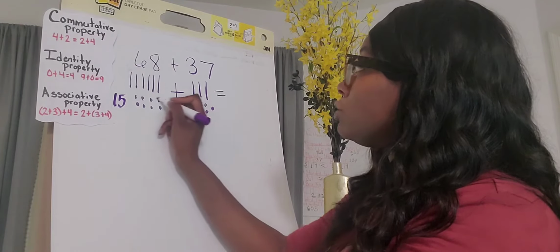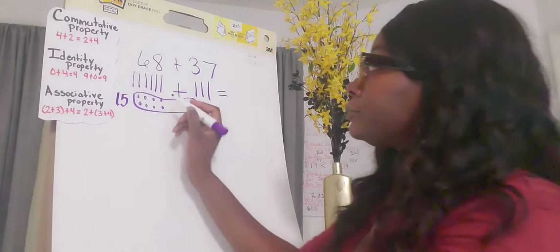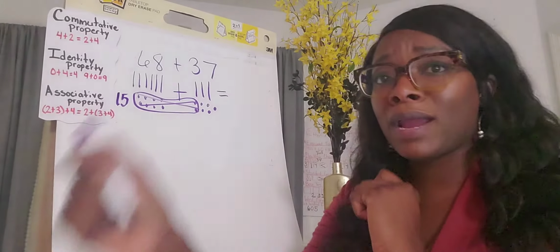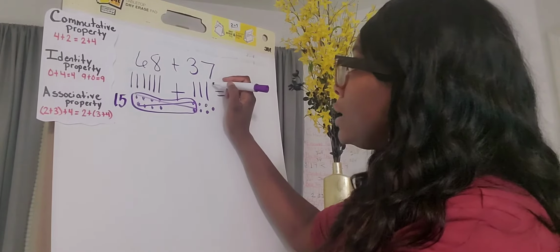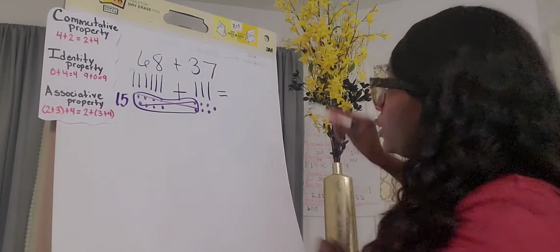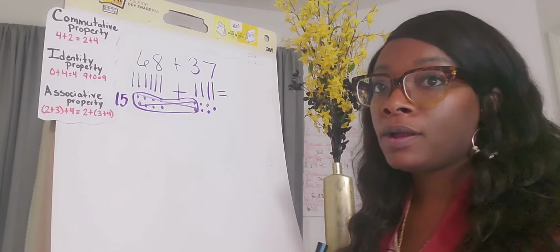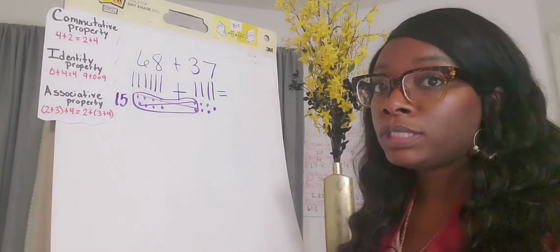So I'm going to circle those 10. And guess what? Those go away because I'm trading them in. I'm making a trade. I'm regrouping those for a 10 rod. So I'm just going to add another 10 rod up here. I'll do that one in a different color. Now I can see how many ones I have left.